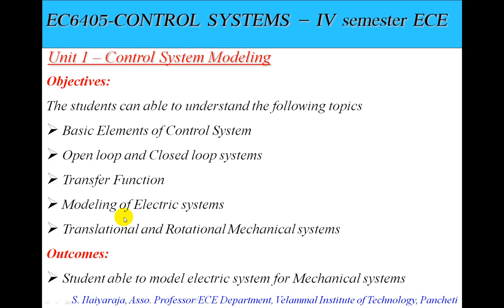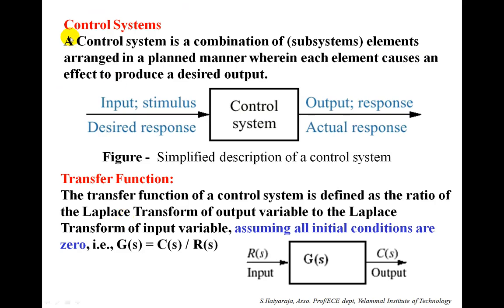So let's see what is control system. A control system is a combination of elements arranged in a planned manner wherein each element causes an effect to produce a desired output. So a control system is a combination of subsystems arranged in a planned manner wherein each element causes an effect to produce the desired output.